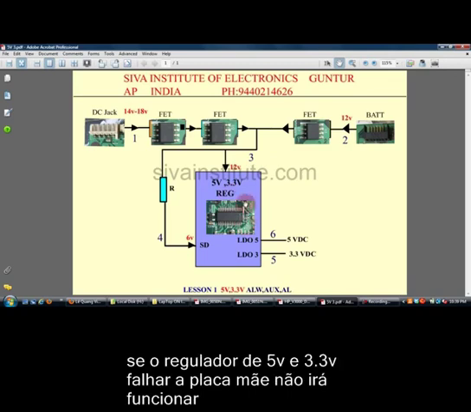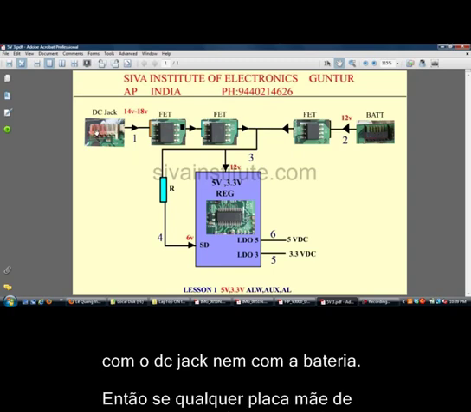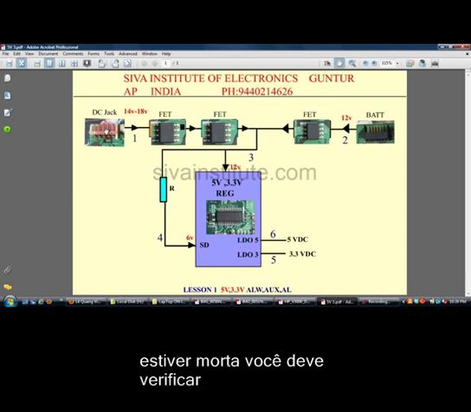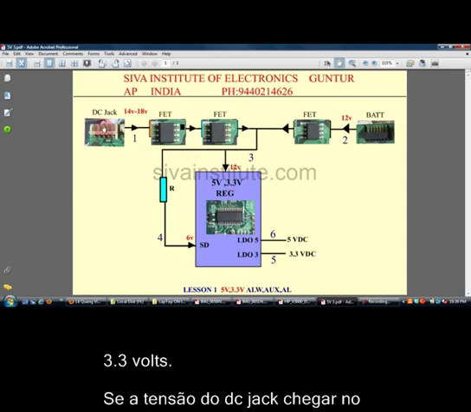If the common part is faulty, the motherboard cannot work with DC jack or battery. So if any laptop motherboard is dead, you should check from the DC jack to the 5 volts and 3.3 volts regulator IC. From the DC jack, 14 to 18 volts comes to this IC and another pin, shutdown.